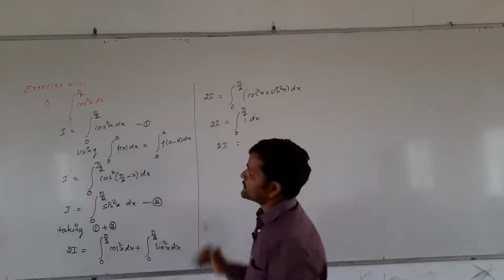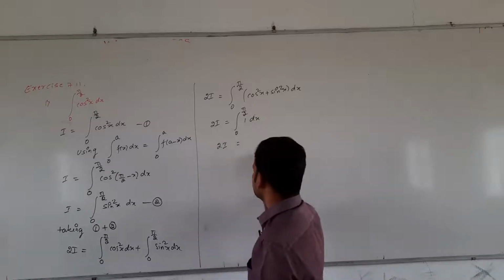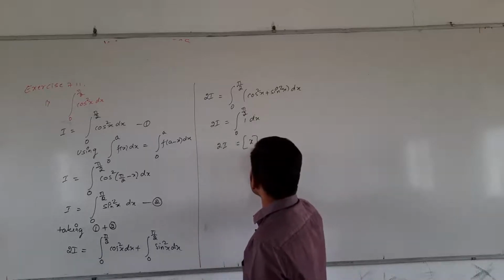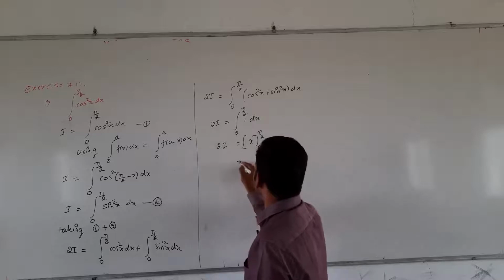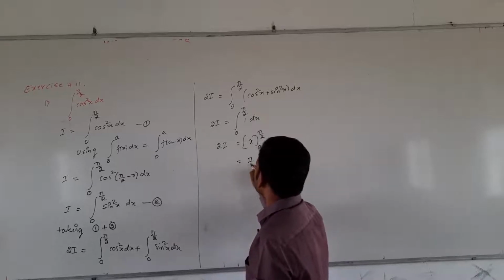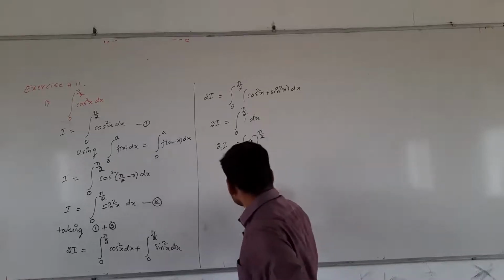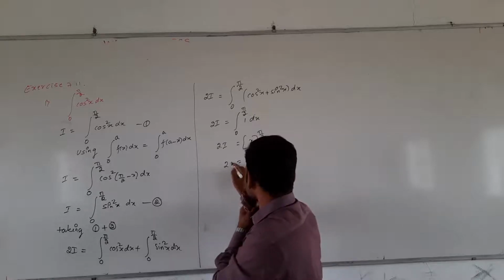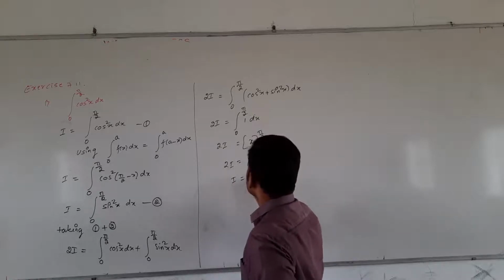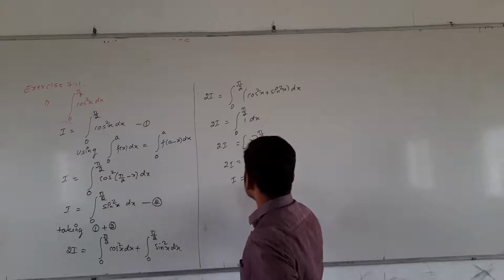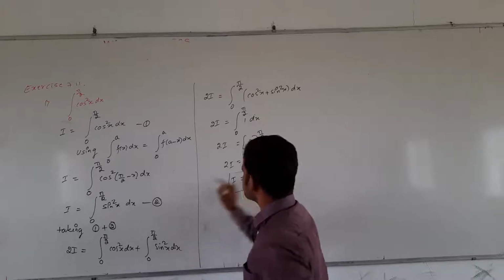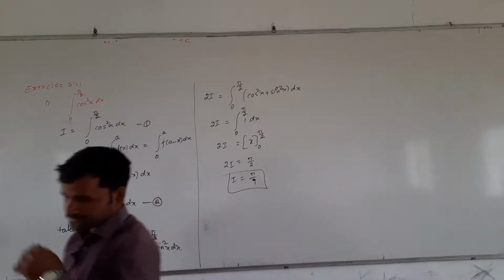What is integration of 1 with respect to x? It is x from 0 to pi by 2. So, it is pi by 2 minus 0. 2I is equal to pi by 2, I is equal to pi by 2 into 1 by 2, this becomes pi by 4. So, the answer is pi by 4.